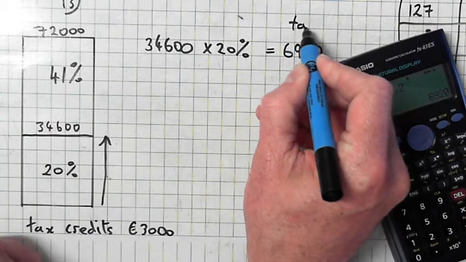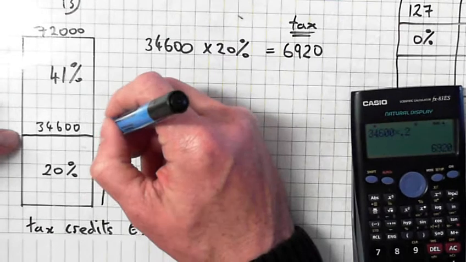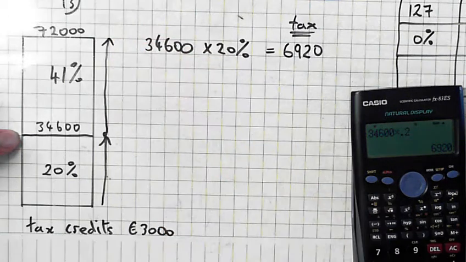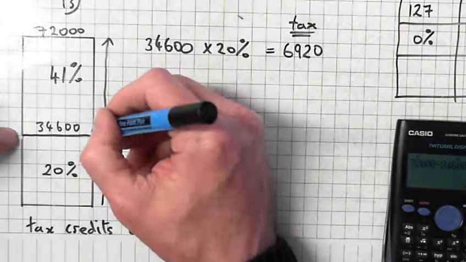Alright, so this is tax. And then we look at from here, 34,600 up as far as 72,000. So 72,000 minus 34,600 equals 37,400.